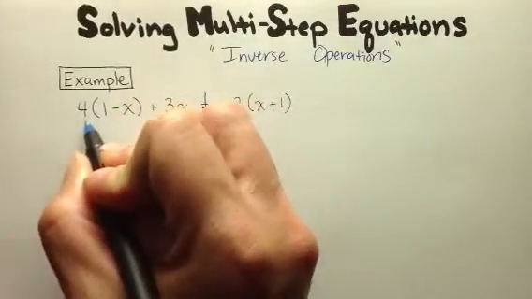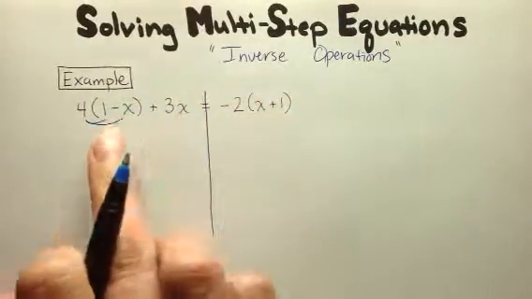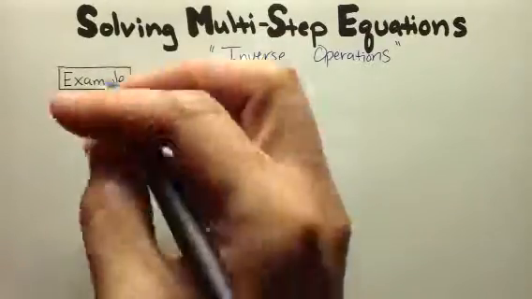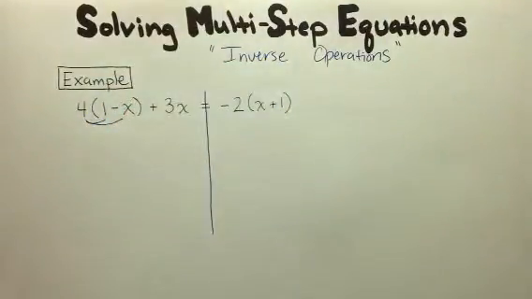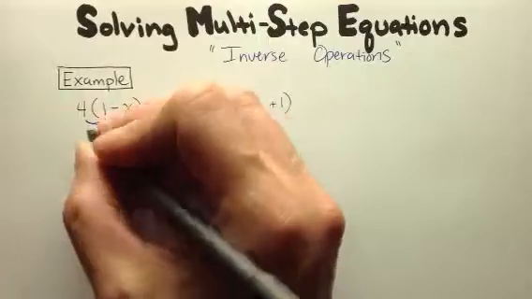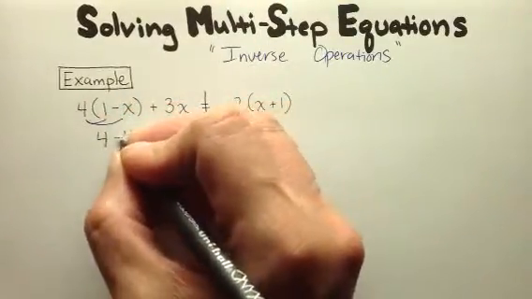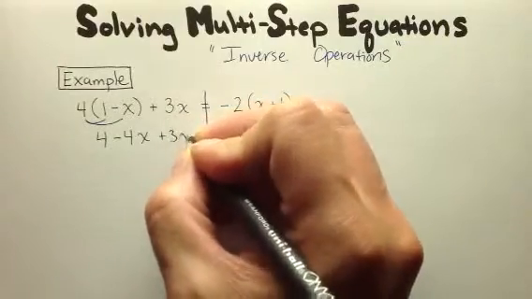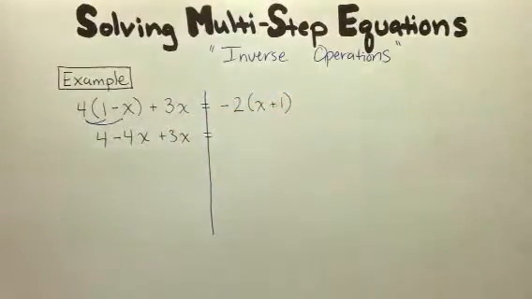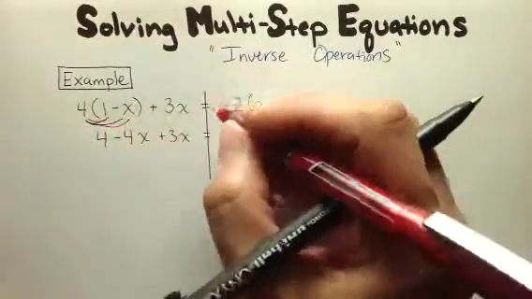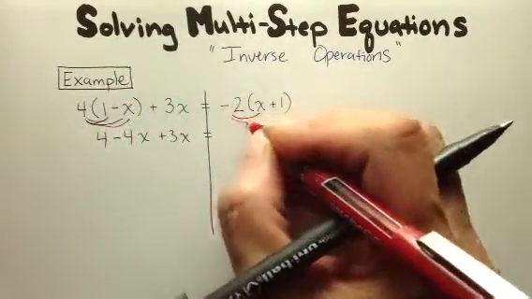On the left side, I can distribute 4 through this difference to get rid of the parentheses. So 4 times 1 is 4, and 4 times negative x is negative 4x. And then I have plus 3x equals, and then I'm going to distribute, I like to use red for my steps, negative 2 to x and 1.